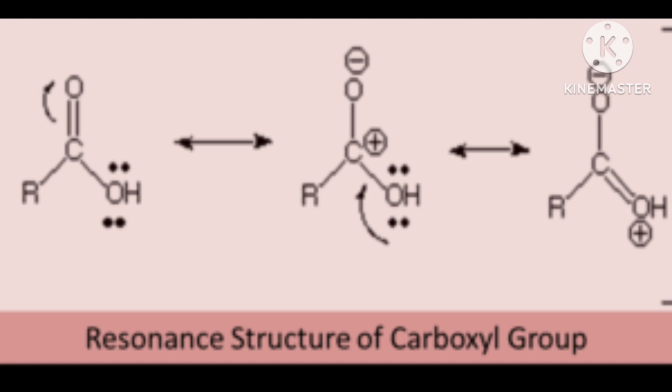Like that, this is the resonance structure; three structures are there. Now due to this, the carboxylic carbon is less electrophilic than the carbonyl carbon because of the resonance structures. Okay.